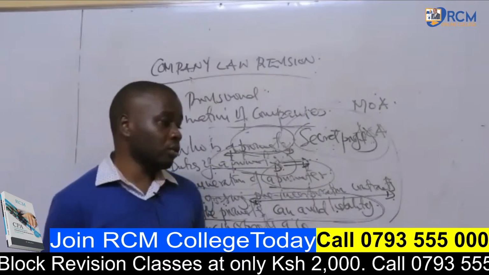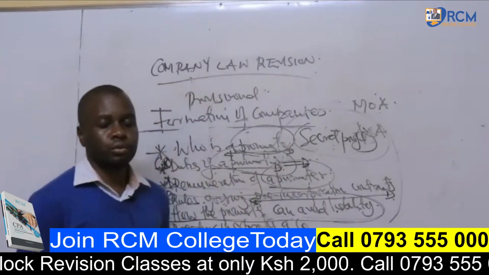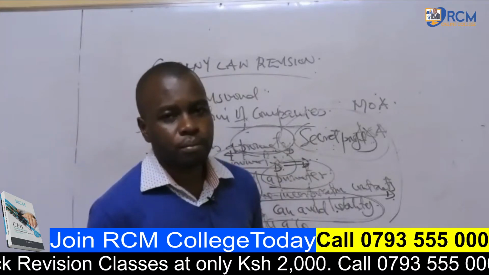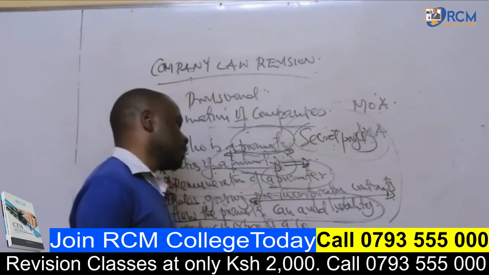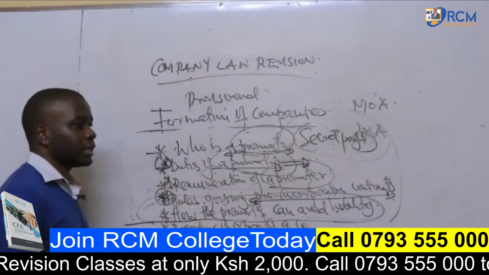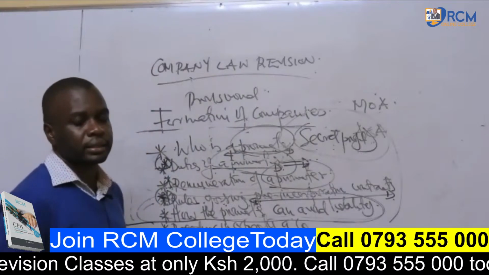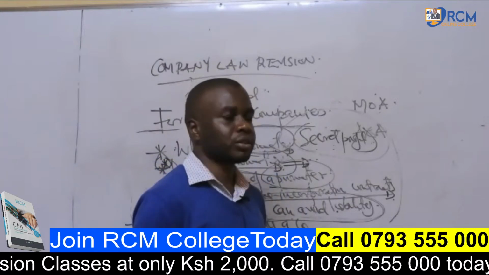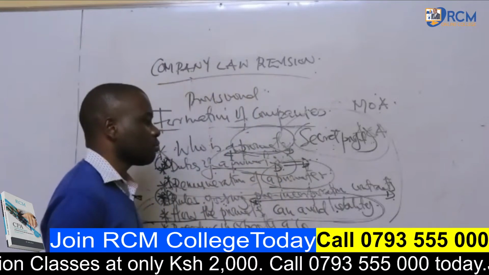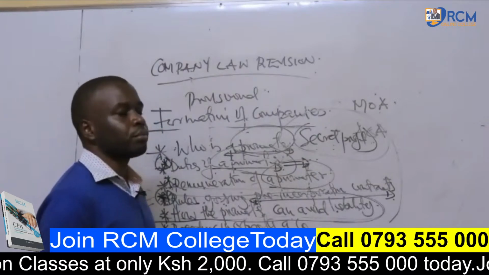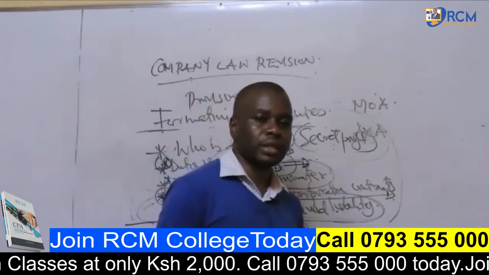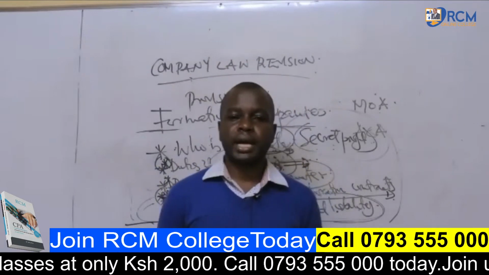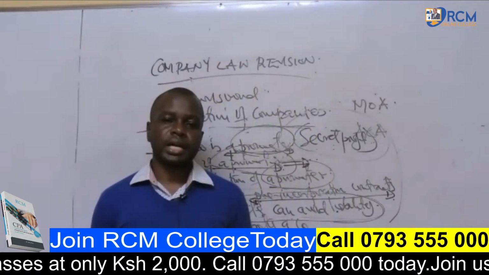Also, you'll be called upon to fill out form CR8. In this form, you fill out the details of the director of the company: residential address, contacts, email address. Then you attach the documentation of the directors, for example their PINs, passport size photos, and copies of the national IDs.